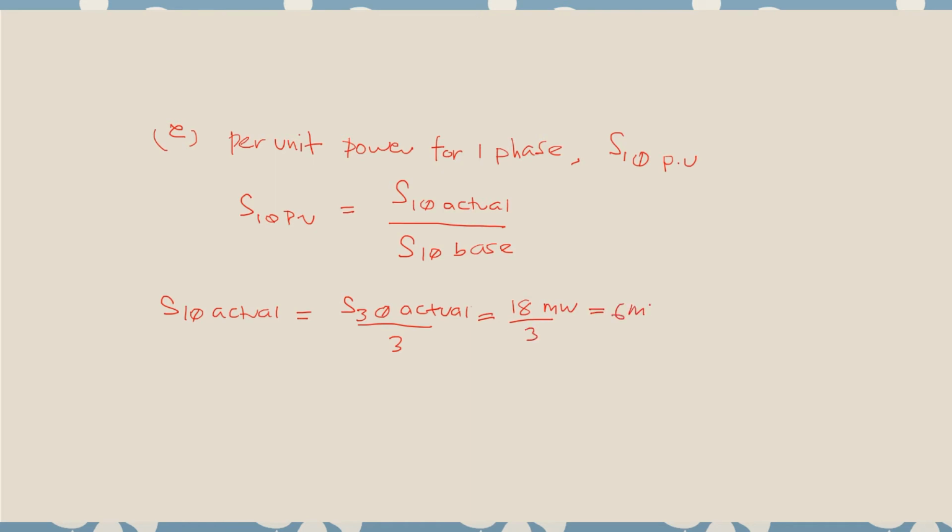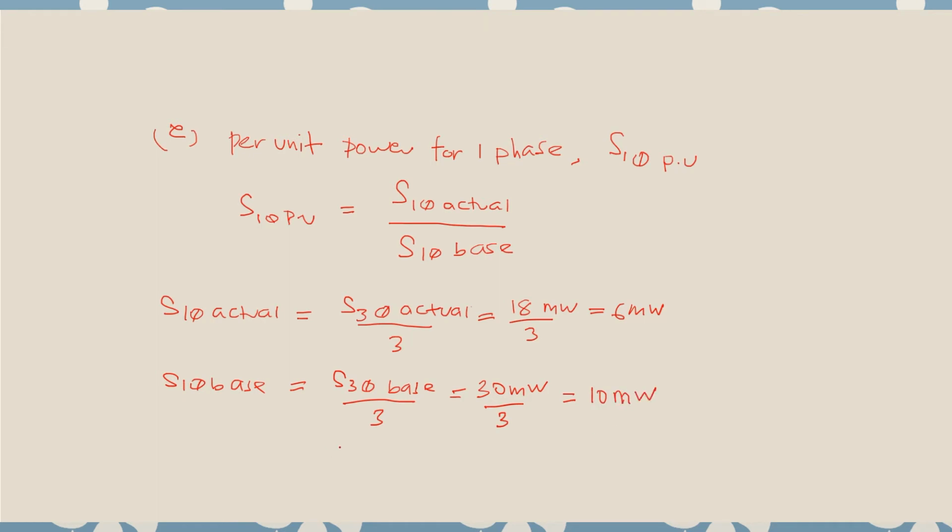That is 6 megawatt, and next you calculate the single phase for the base. Again, the power for three phase base is given as 30 megawatt. Then you divide by 3 because you want the single phase, so you get 10.